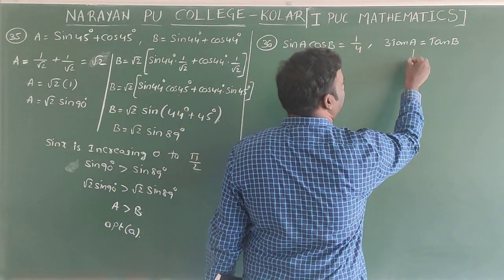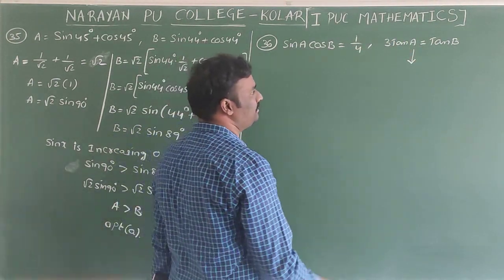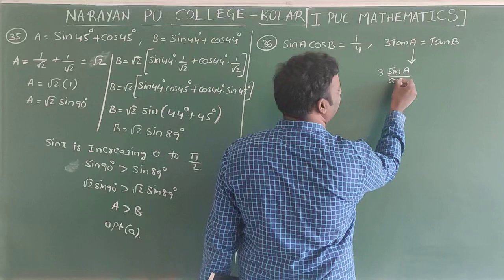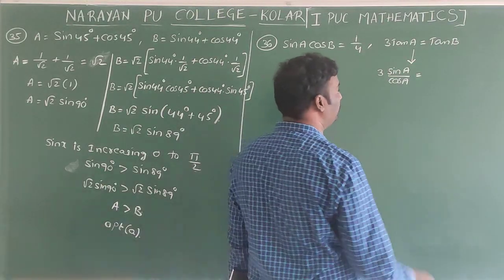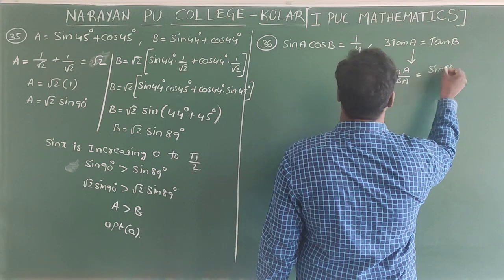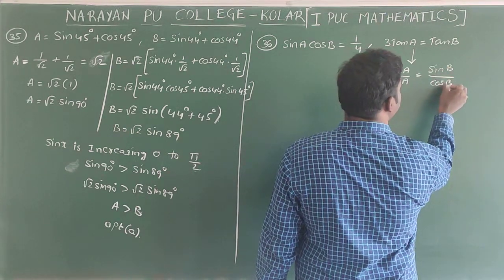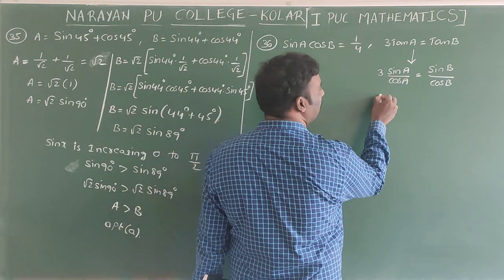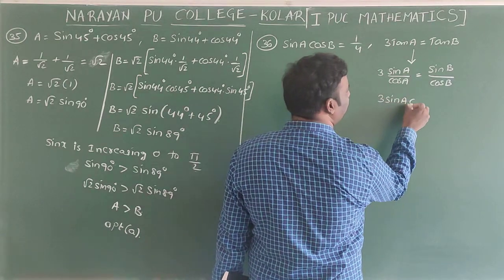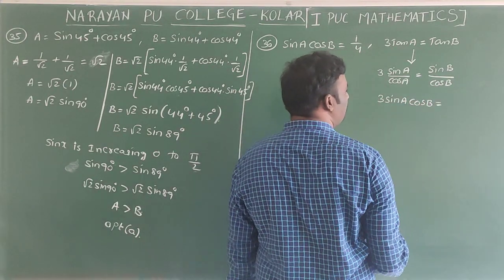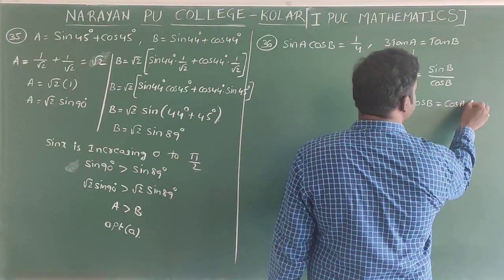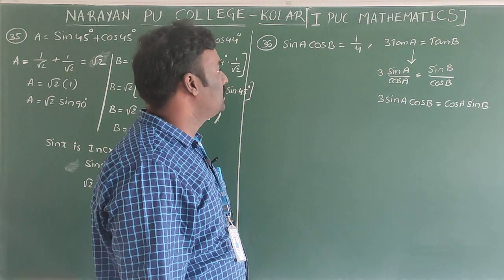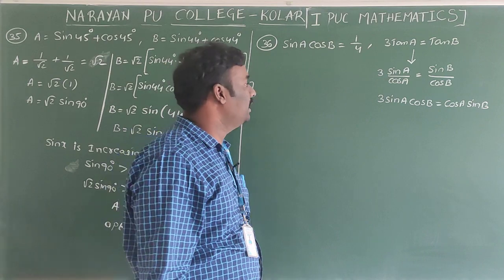Okay, I am taking this step. It can be written as 3 sin A by cos A is equal to sin B by cos B. Now if we cross multiply here, what will we get? 3 sin A cos B is equal to cos A sin B. But sin A cos B value already we know, that is 1 by 4.